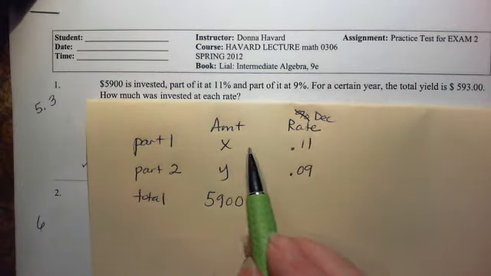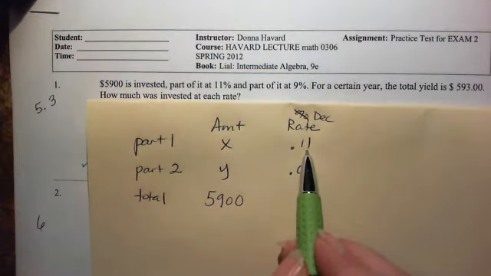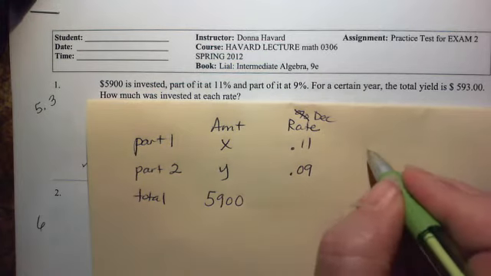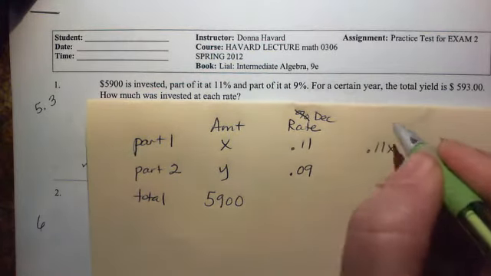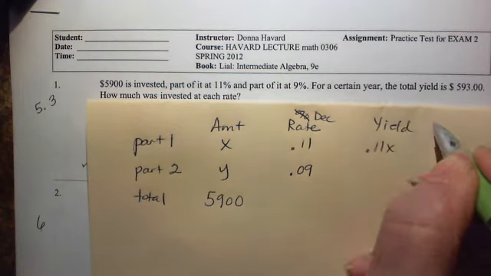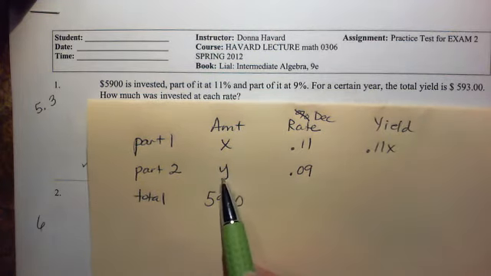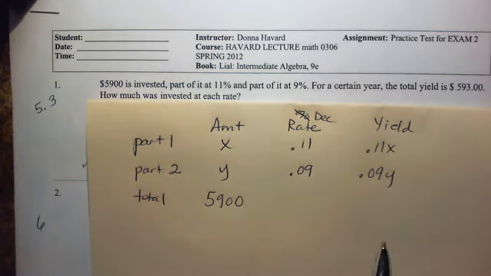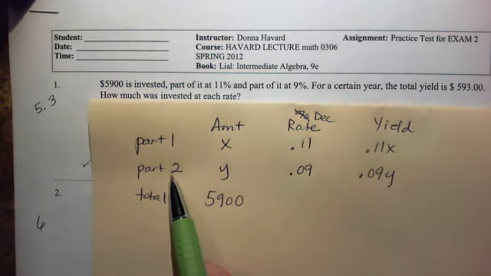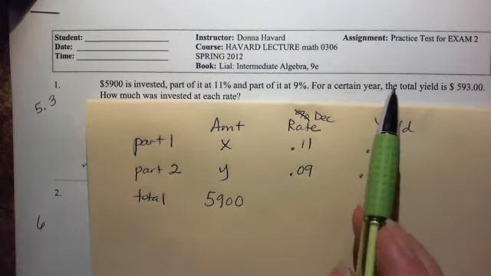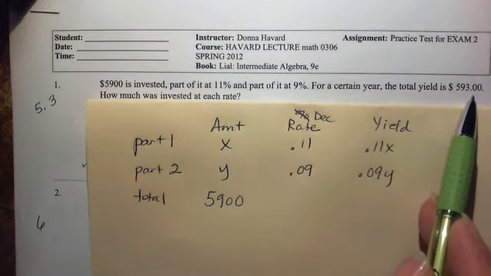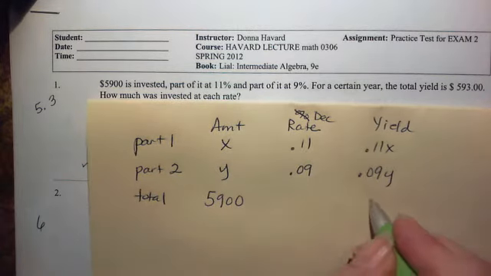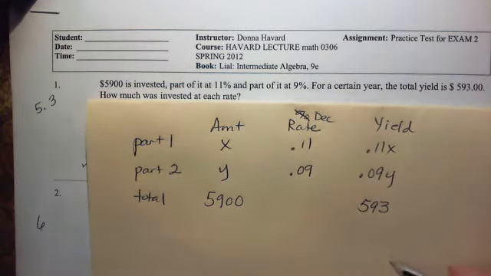Well, it's the amount times the rate, 11% of that amount, so we would show that as 0.11x is the yield for that part, and 0.09y is the yield for this part. And then again, we're told that the total yield is $593. So we can write that total yield in this column here, $593.